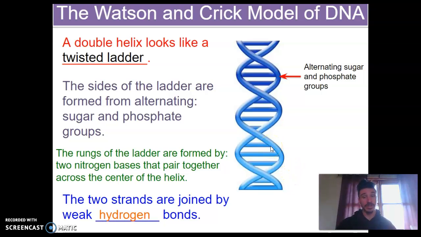I think I told you back in Unit 2 that millions of hydrogen bonds are quite stable and keep one of the most important molecules for life stable, and that is DNA. So hydrogen bonds exist right down the middle, between the nitrogen base of one nucleotide and the nitrogen base of another nucleotide.